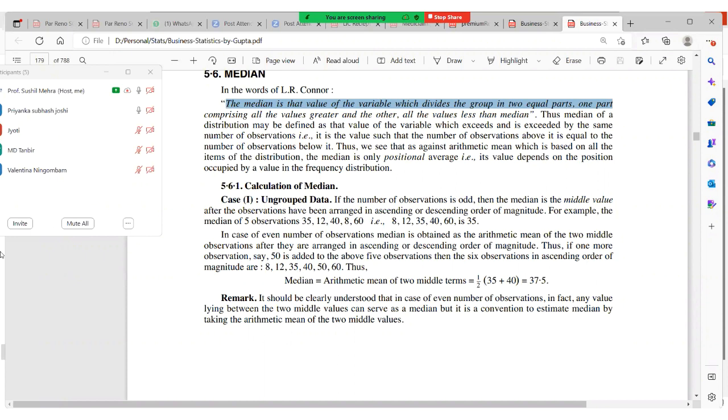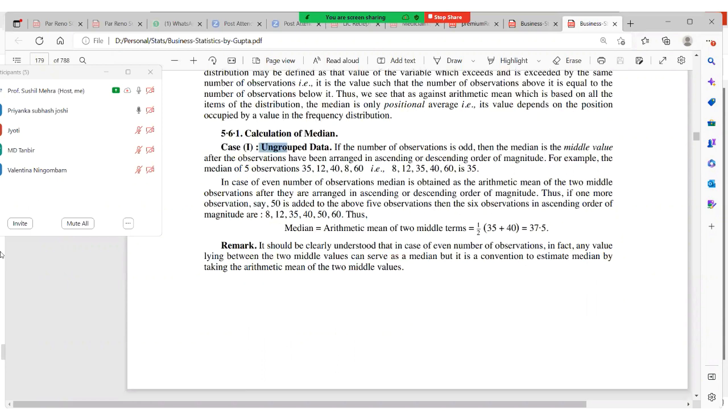Okay, now the calculation of the median for ungrouped data, right? See, the median of 5 observations. Generally, for all the positional averages, the median and other partition values, first of all, we have to arrange the data either in ascending order or in descending order, right?